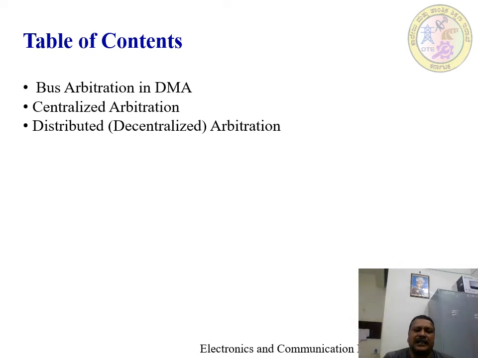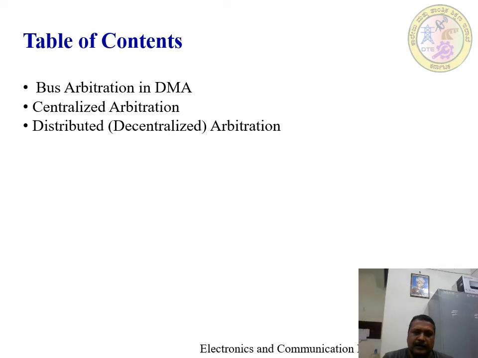And then there is one more method called cycle stealing, in which access of the bus is taken over by the DMA controller when the processor is not using buses. That is, the processor is doing an execution operation.